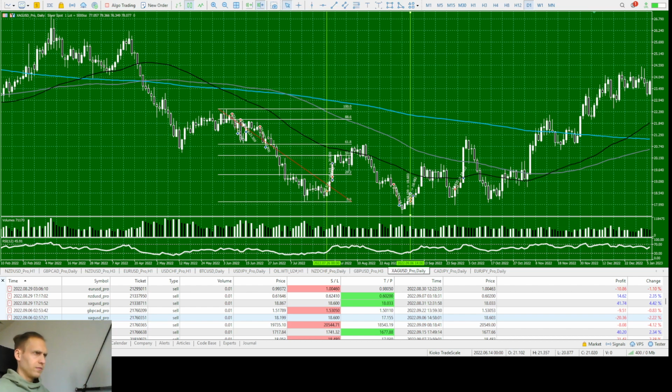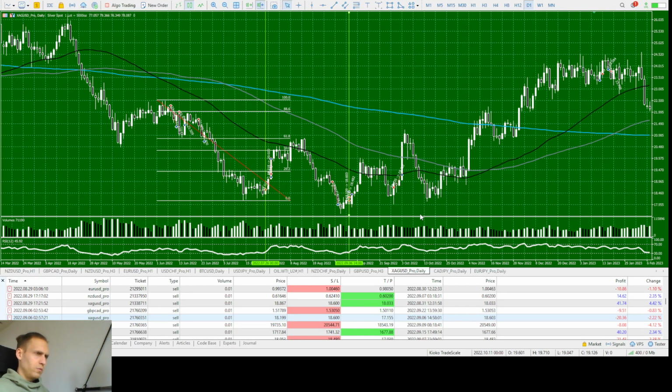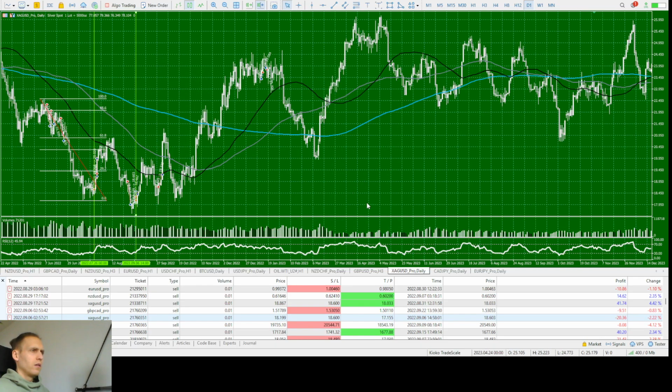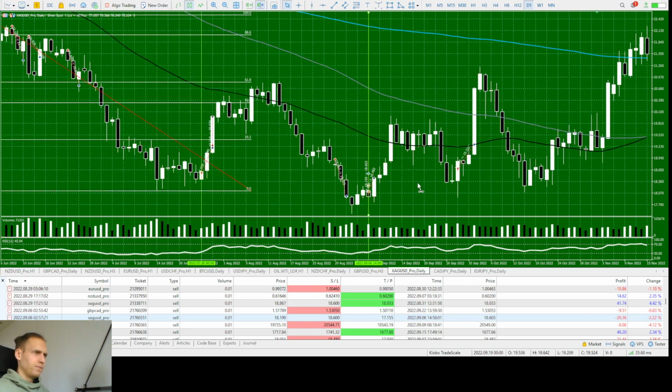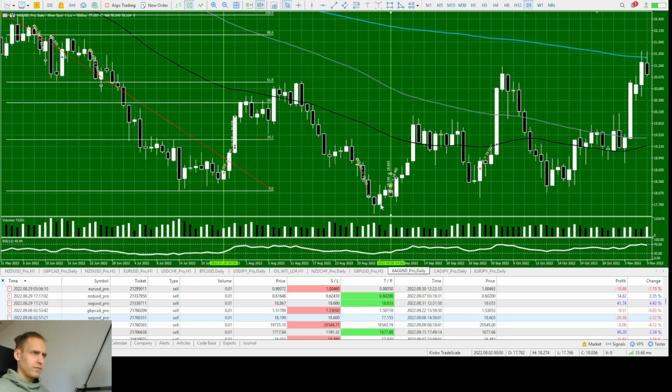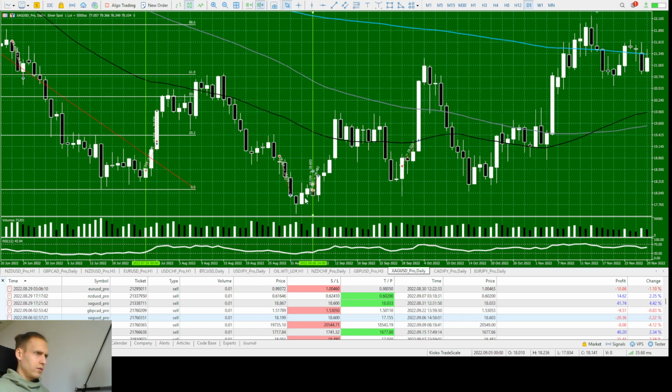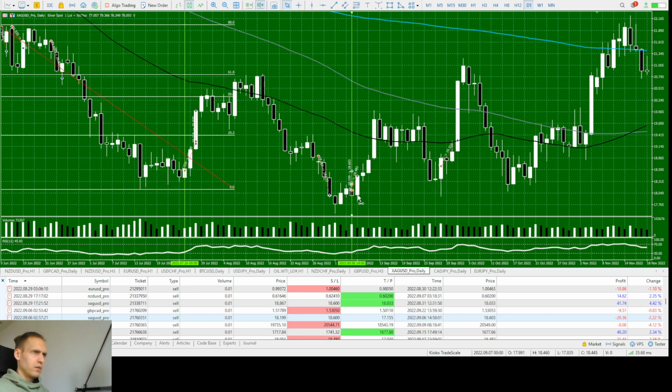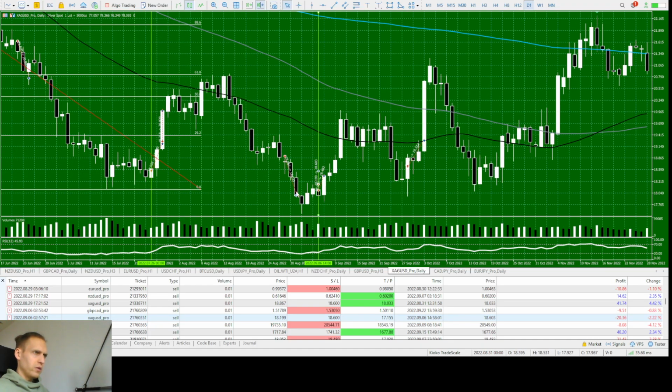Trying to sell, hoping for a continuation of a downtrend without any pullback. And the pullbacks are the magical place where the reversals happen. And in this case, the reversal did happen. But before that, we could read that structure as a consolidation.